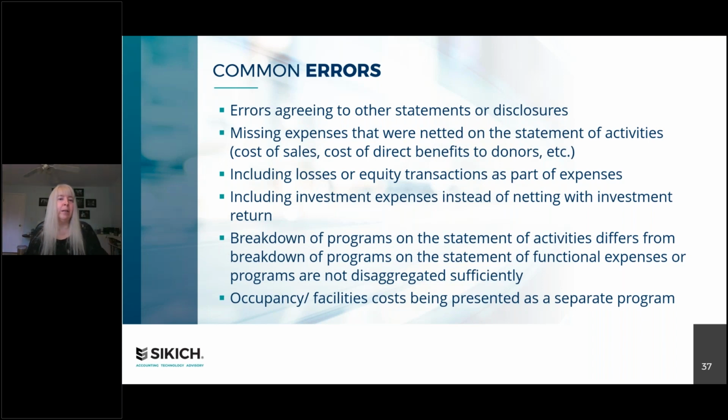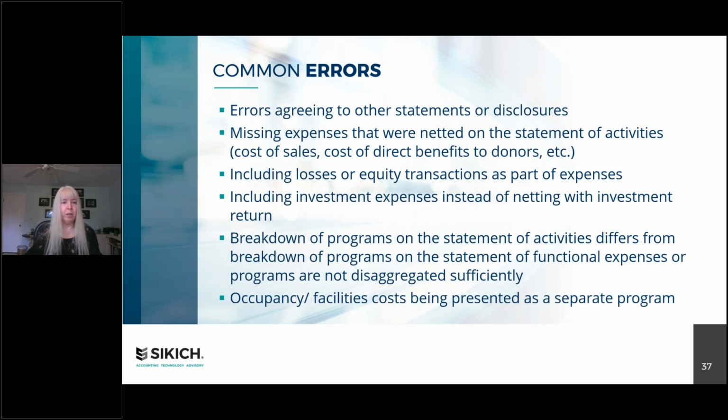Another common error is including losses or equity transactions as part of expenses, including investment expenses instead of netting with the investment return. I mentioned that's the one exception. Those investment expenses need to be netted with the return. The breakdown of programs on the statement of activities is different from that on the statement of functional expenses.